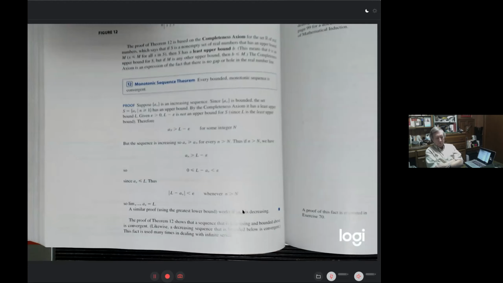Well, 1 squared is less than 4. 1.5 squared is less than 4, and so on, right? 3 squared is 9, that's not less than 4. 2.5, that's 5 halves squared, is 25 over 4, that's 6 1/4. That's not less than 4.